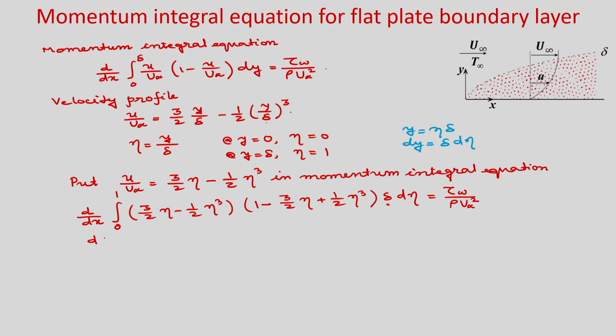So, you can write d of dx, okay. So, you can write delta, then 0 to 1. Now, you just multiply this. So, what you will get?